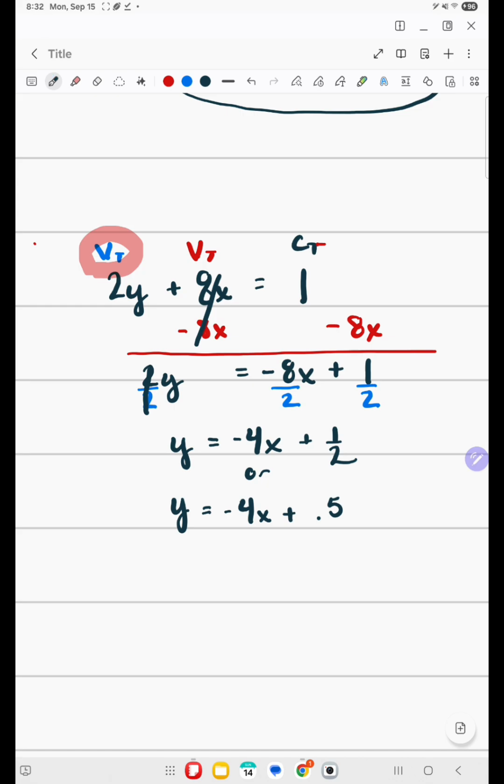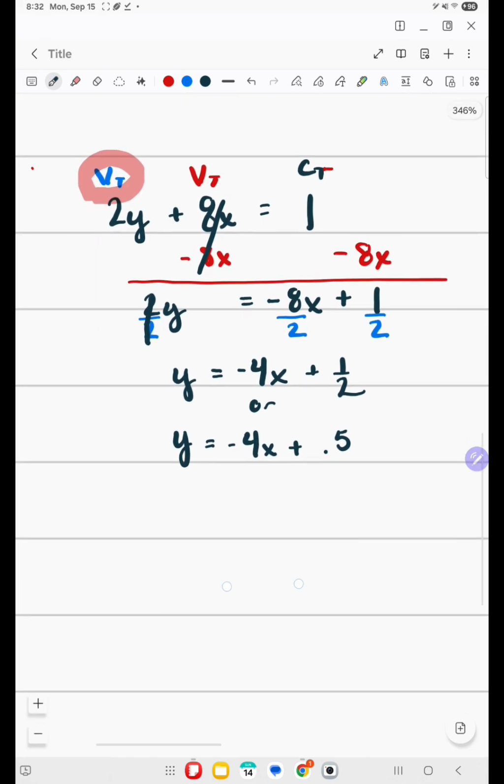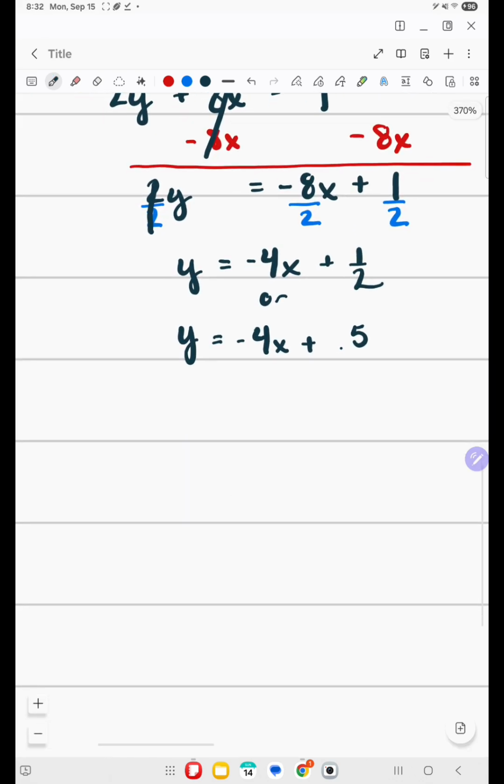All right, let's move on. Let's do one more. 2y equals negative 1x minus 8. Let me write that a little better.